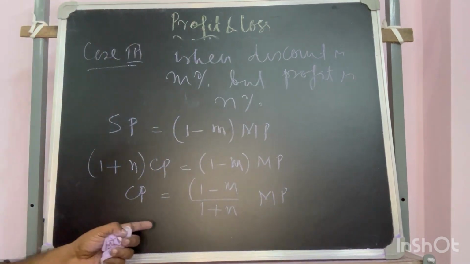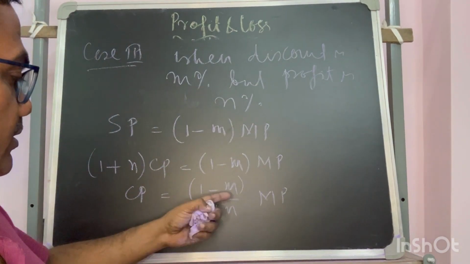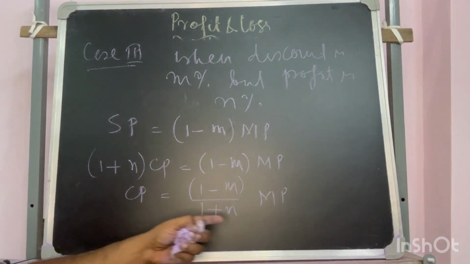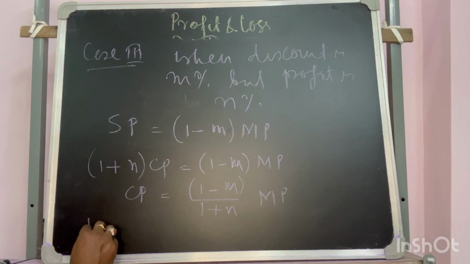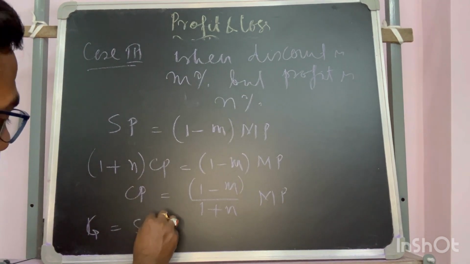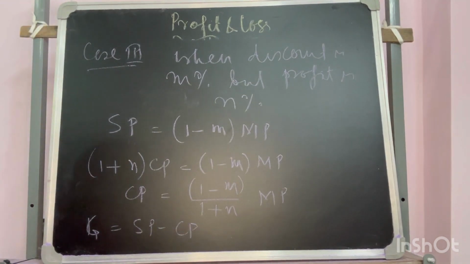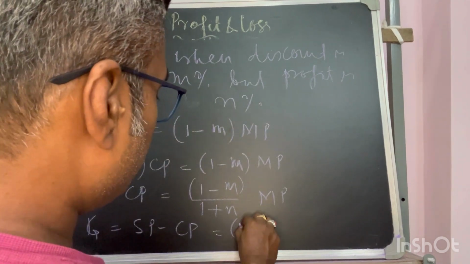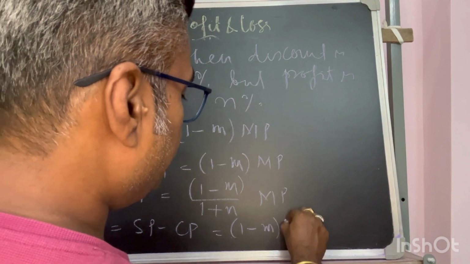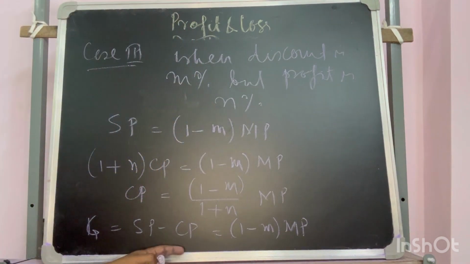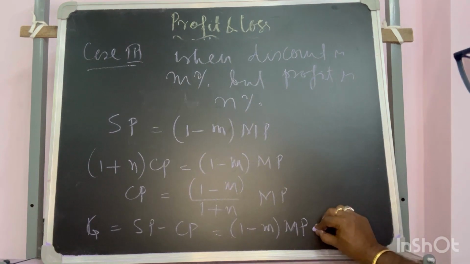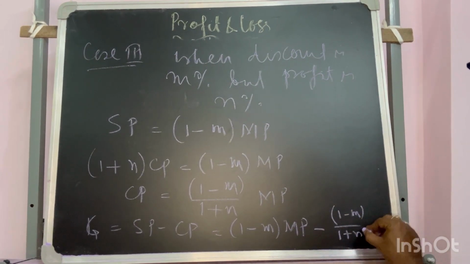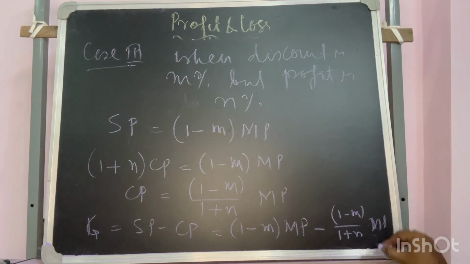That depends on the market price. So if he is giving discount M and getting profit N, the cost price will be related to this. Now gain is equal to SP minus CP. SP is 1 minus M into MP, and CP is 1 minus M divided by 1 plus N into MP.